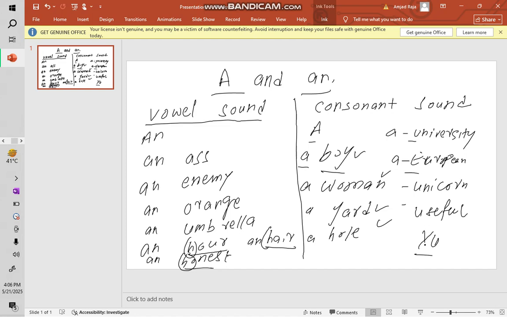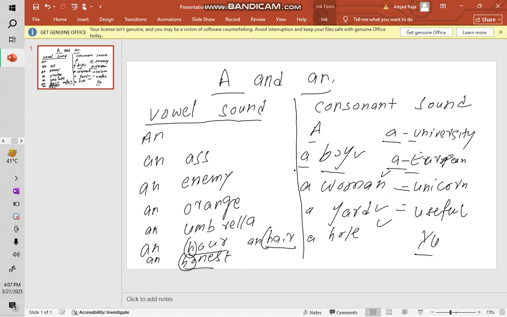So the sound which is produced by these words in pronunciation is a consonant, the yo sound. That's why we are not adding an before these words, but just using a: a university, a European, a unicorn, a useful, and some other words.